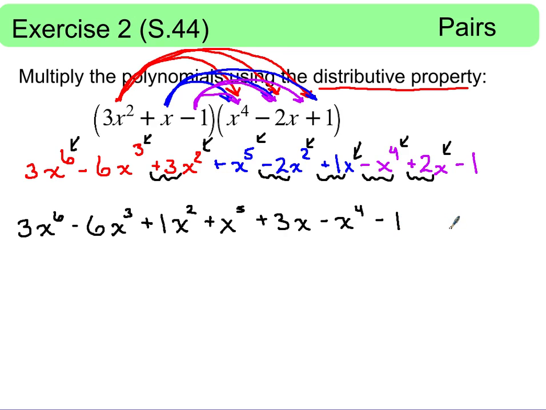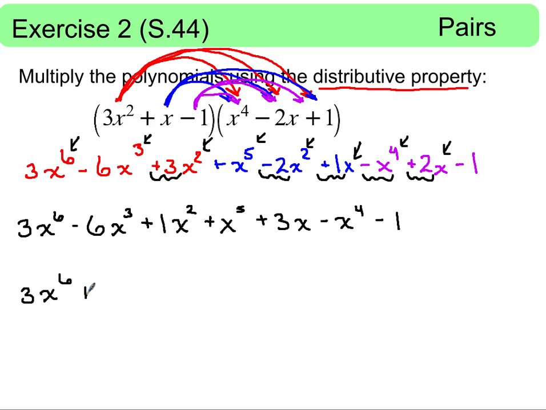Now, this is an acceptable answer when we combine the like terms. However, if we want to take this problem one step further, it is always nice to take these exponents and write them in order from greatest to least. So if we did that, the final answer would be 3x to the sixth.